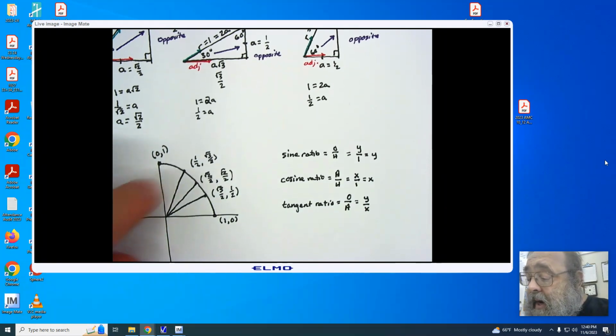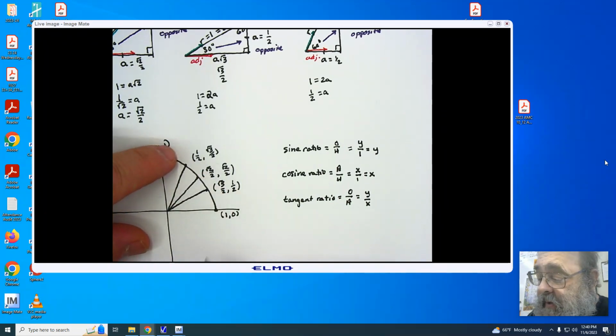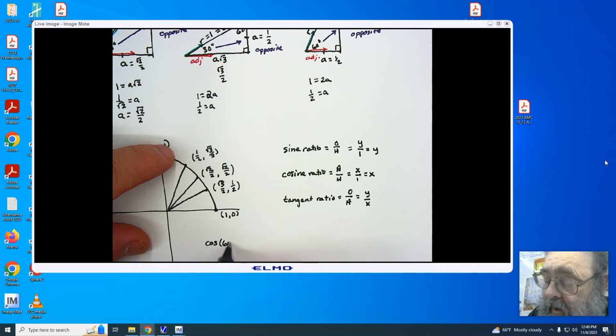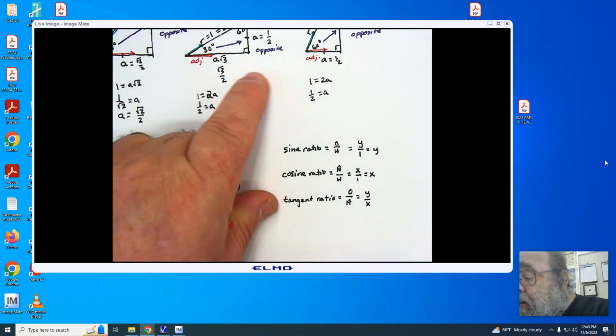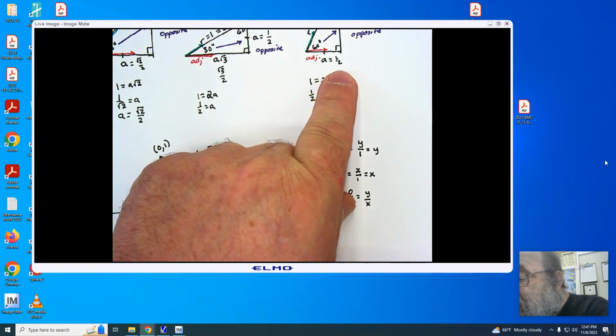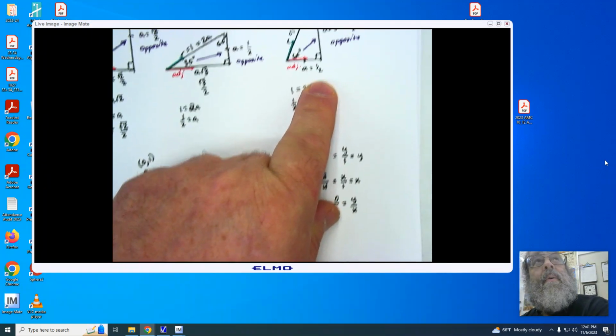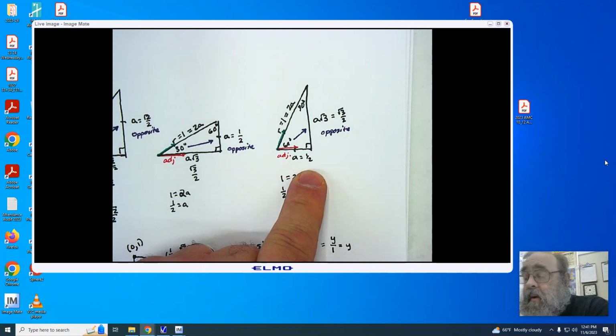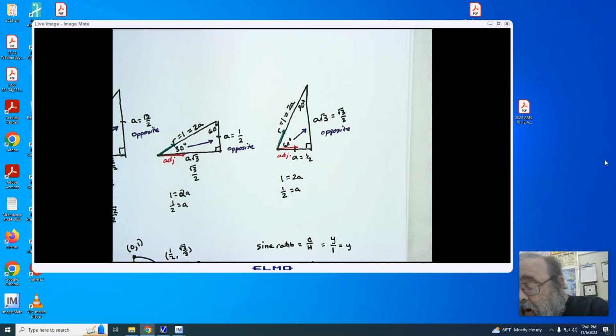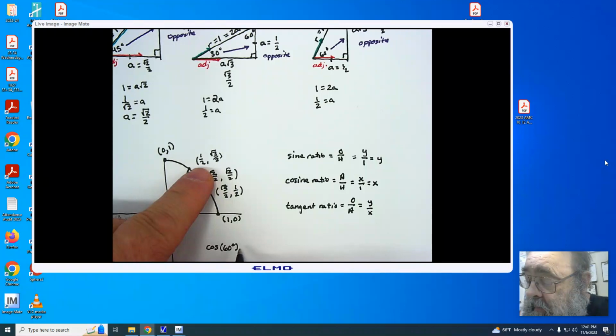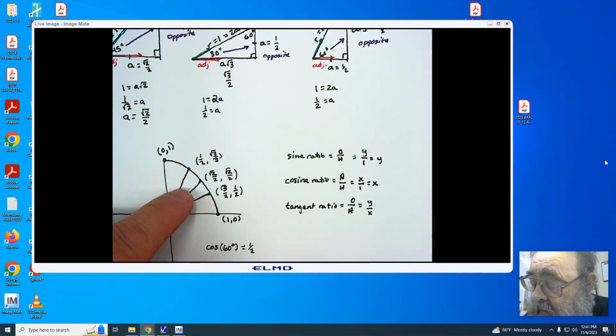Not only that, but we can now go on to this and say that the cosine of 60 degrees, once again, here's my 60 degrees, and the cosine is the x value, and the x value in that point is 1/2. We can clearly see that the cosine of 45 degrees is √2/2.